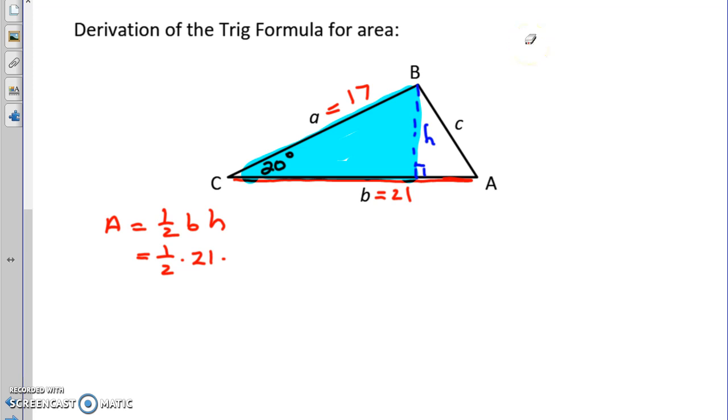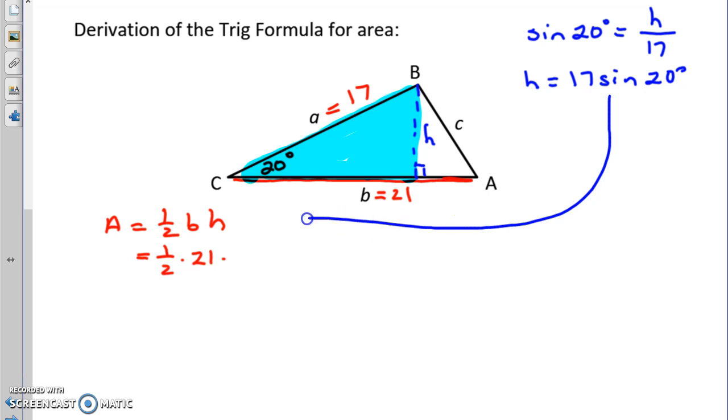So thinking about that, H is opposite the 20-degree angle and 17 is the hypotenuse, so we can use a sine ratio. Sine of 20 degrees is equal to the opposite H over the hypotenuse 17. That one's an easy one to solve for H. H is 17 times the sine of 20 degrees.